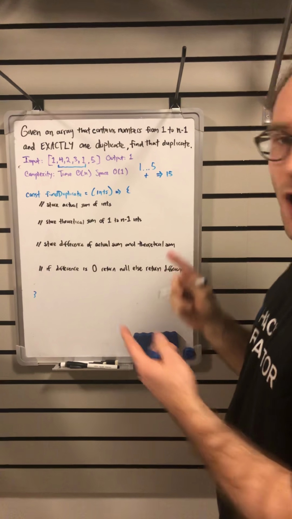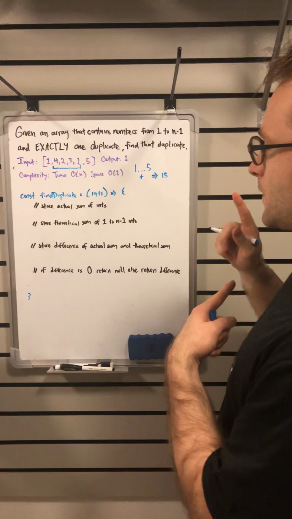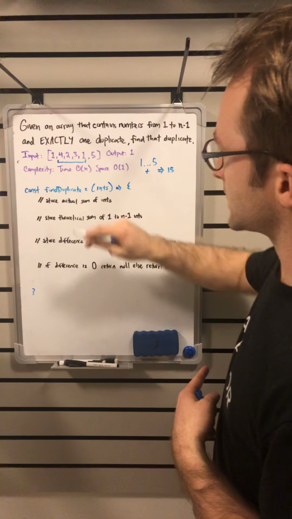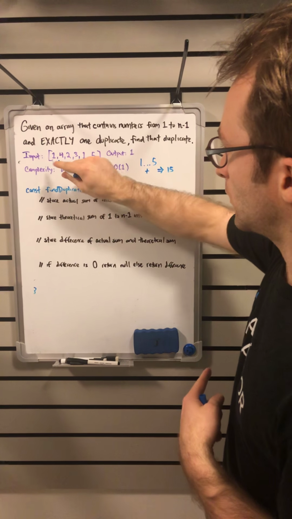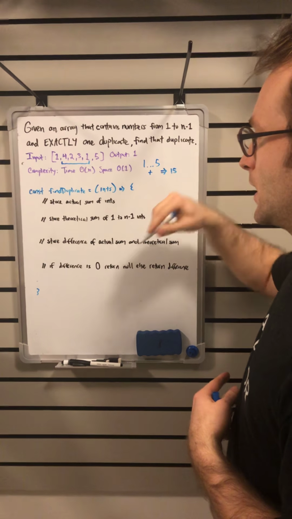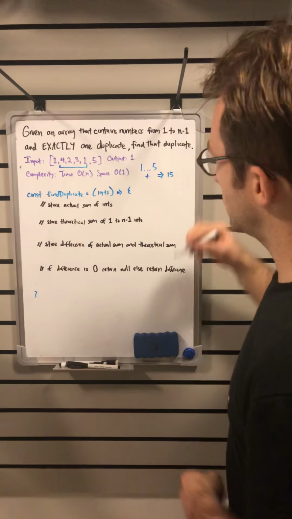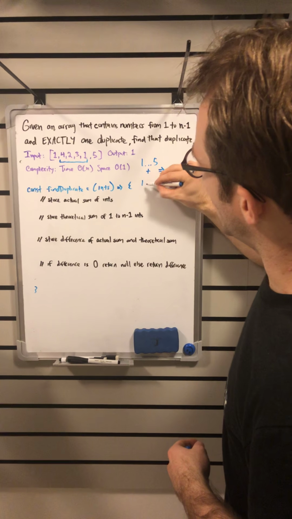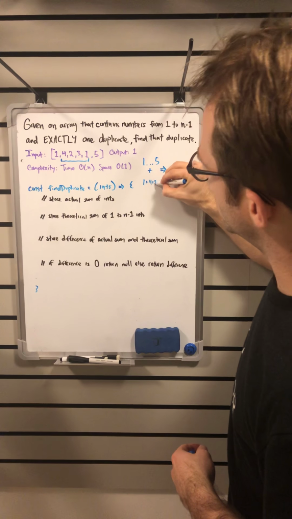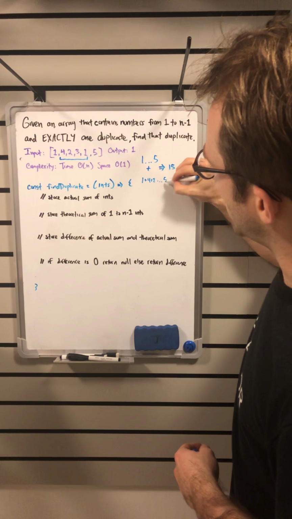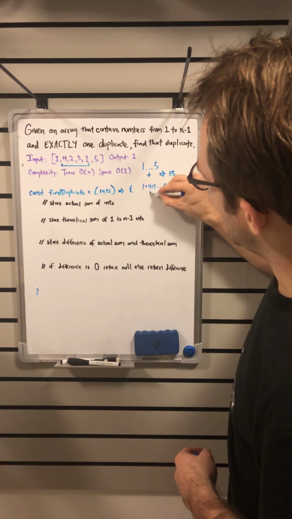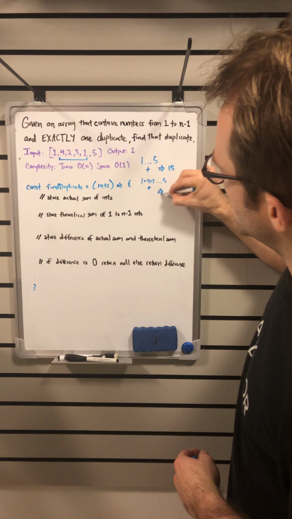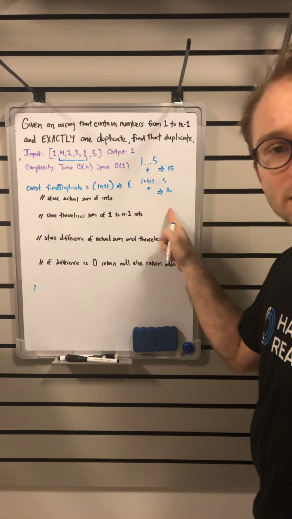So I posit that if you were to actually sum up what was in here, which would give us an extra 1, so 1 plus 4 plus 2, etc., to 5, you add that all up, that gives you 16.